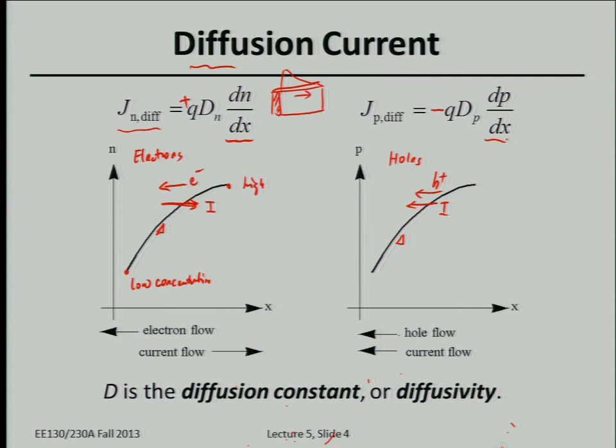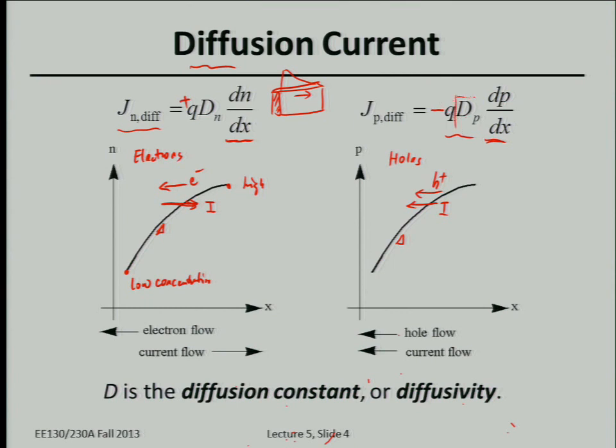Right now, in our first order approximation, we model the diffusion current density as linearly proportional to the gradient for the two types of carriers. The first coefficient is the charge q, right? Because we calculate the electrical current, we have to multiply by the charge.